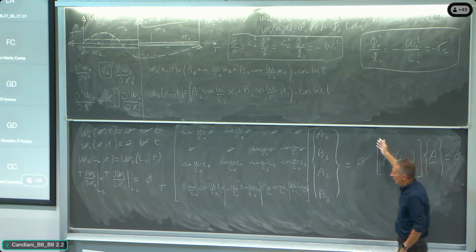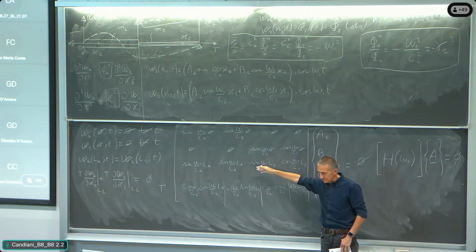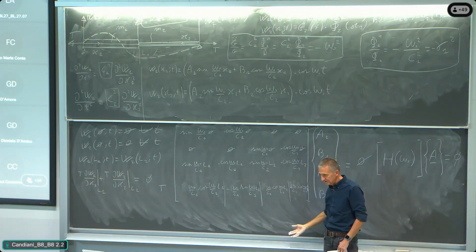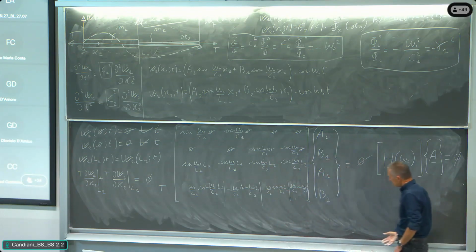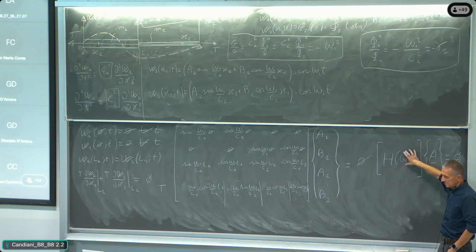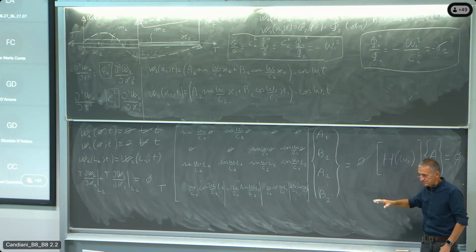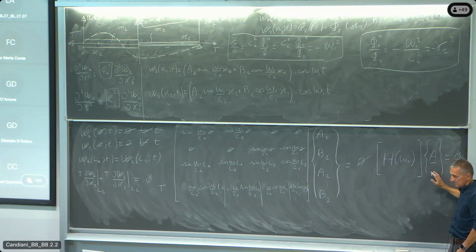parametrically dependent on the natural frequency that is not defined, but that must be such that the determinant of this matrix is null, because we know that we want to get a solution of the homogeneous problem that is not trivial.